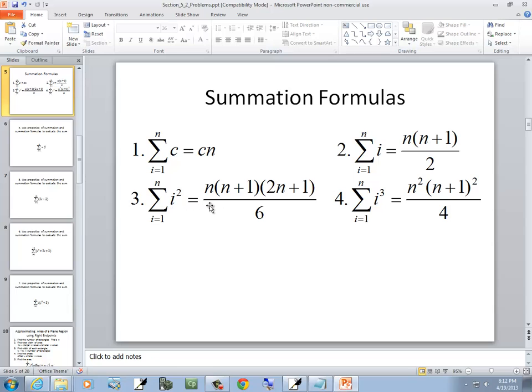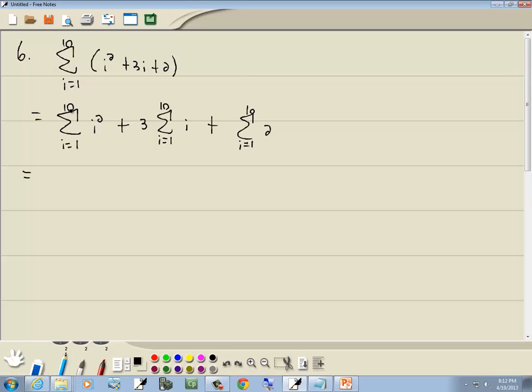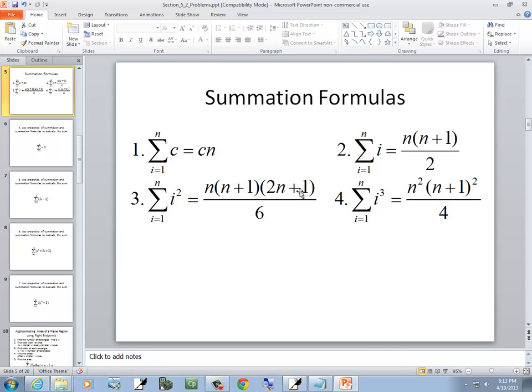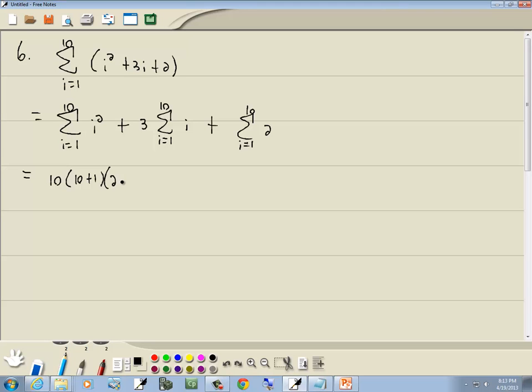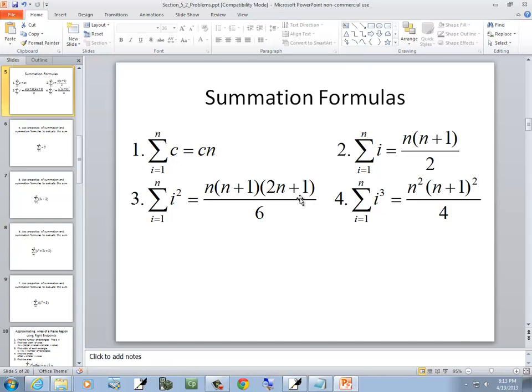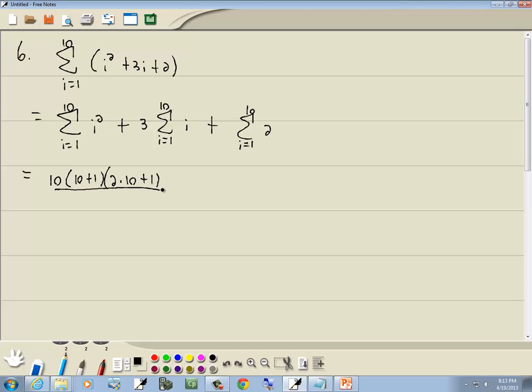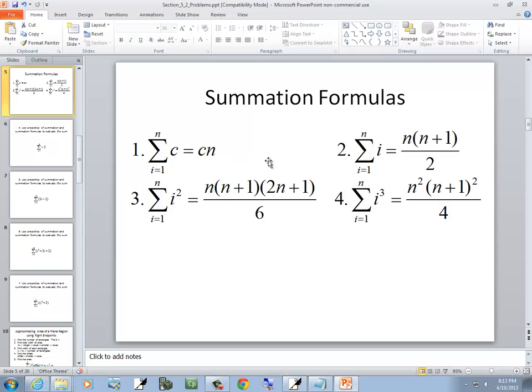Let's look at our formulas for i squared. I squared is number 3, and we got n times n plus 1 times 2n plus 1 over 6. Now n is 10, so 10 times 10 plus 1 times 2 times 10 plus 1, all over 6, plus 3 out in front of this, and then i.